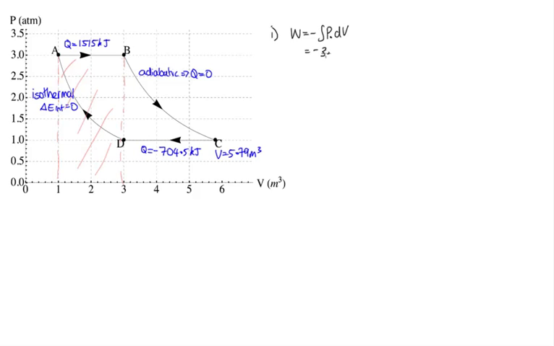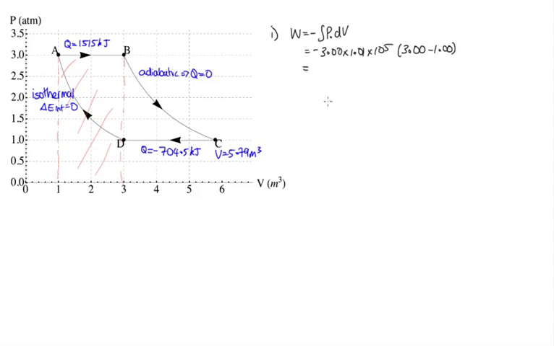And so the pressure is 3 atmospheres. So we should write that as 3.00 times 1.01 times 10 to the 5. That's just converting from atmospheres to pascals, times dV, or the change in volume. So it's going from 1 to 3 meters cubed. So the change in volume is 3 minus 1. We can now solve that on the calculator.